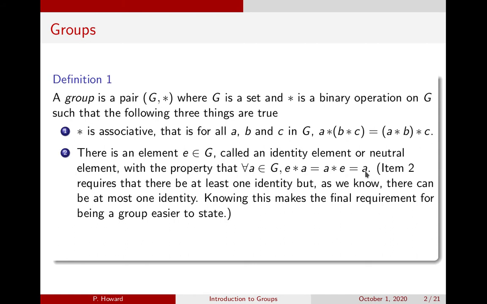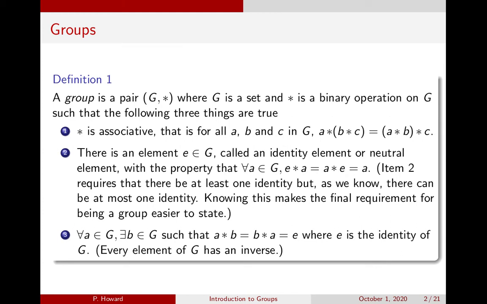So item 2 requires that there be at least one identity, but as we know from our discussion on operations, there can be at most one identity. And knowing this will make the final of the requirements easier to state.